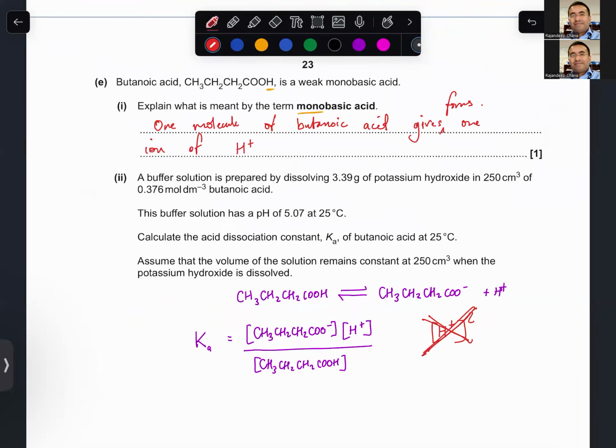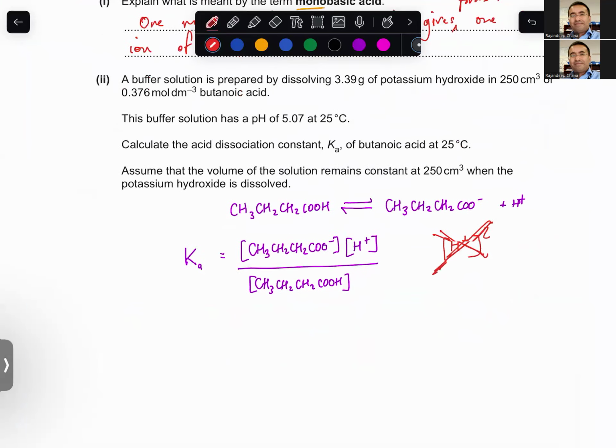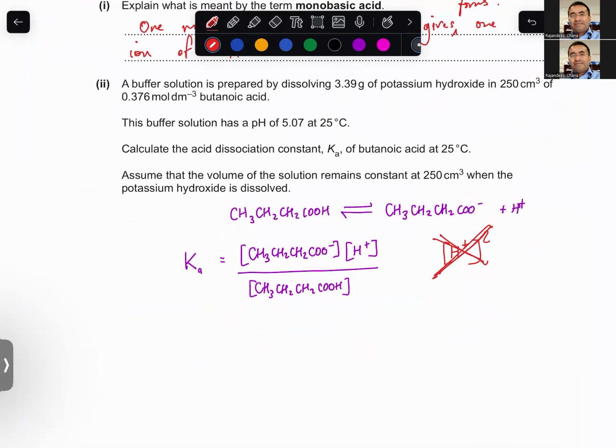So how much? Okay. So we've got the mass of potassium hydroxide. Let's work out the moles. 3.39 divided by KOH.